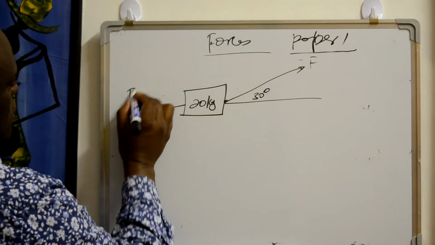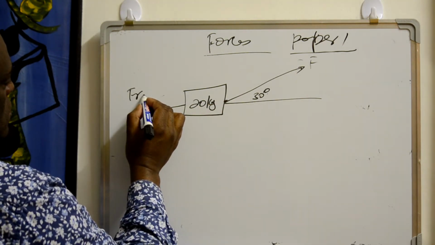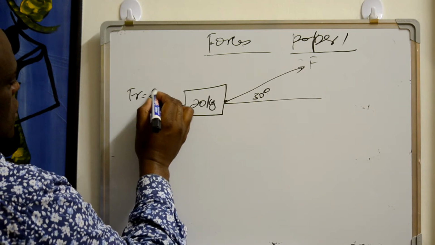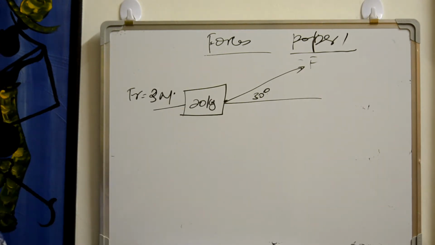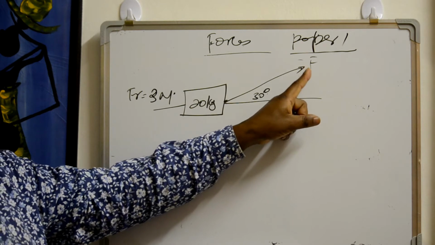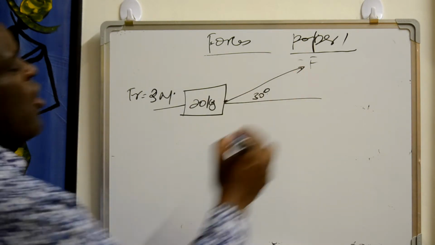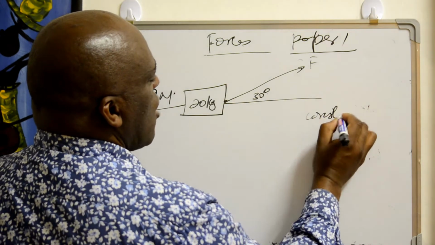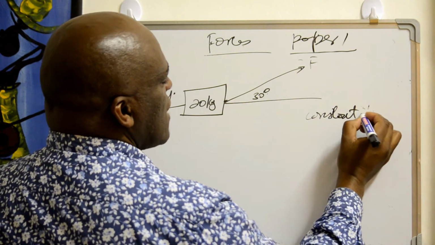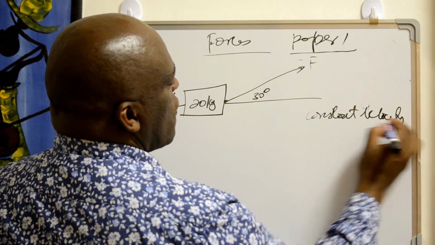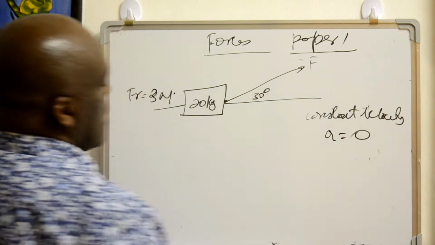Then your friction force, they say, is 3 Newton. Then they ask you to calculate, and the object is moving at a constant velocity. You must always watch for constant velocity. Is a equal to what?